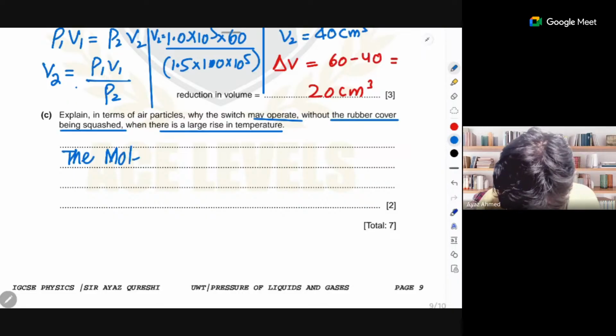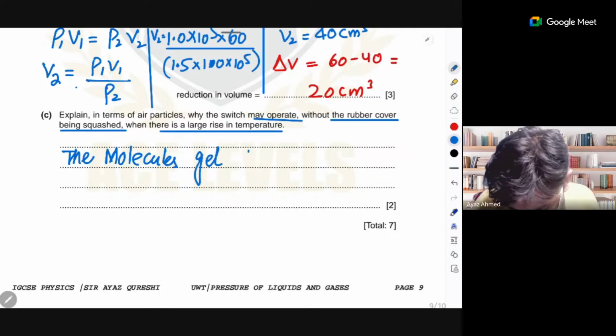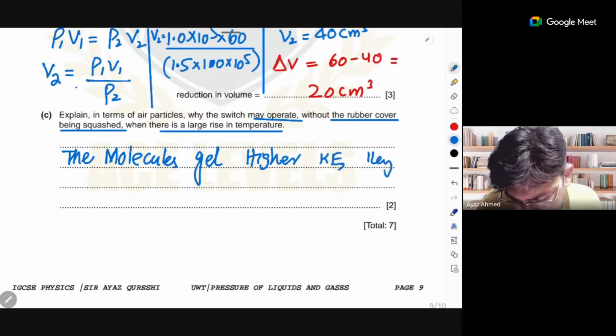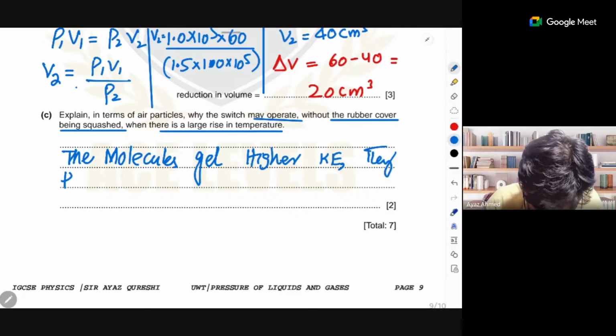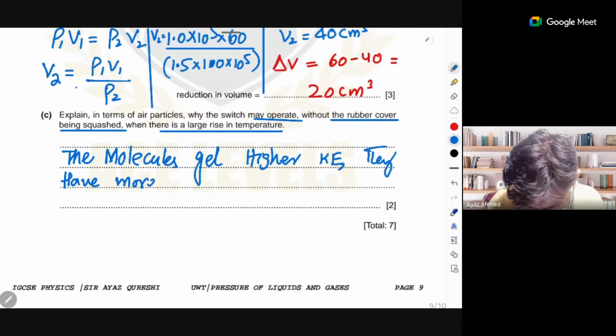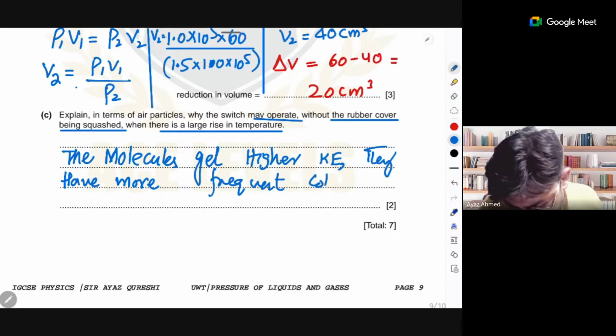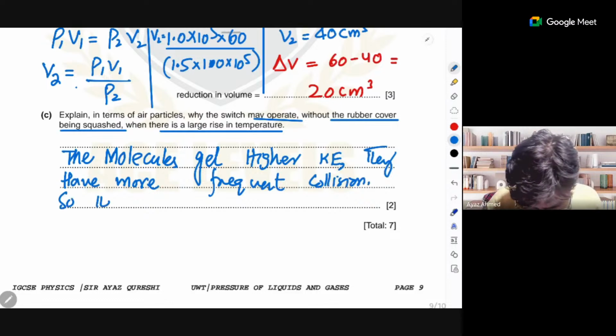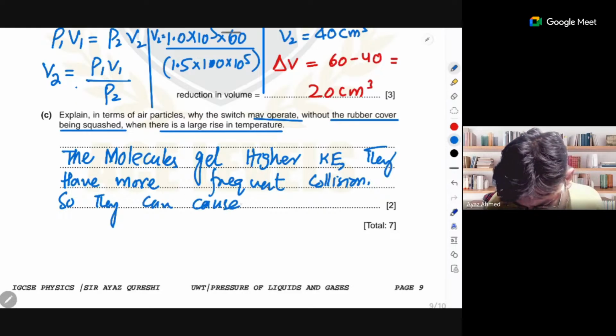The molecules get higher kinetic energy. They have more frequent collisions, so they can cause more pressure.